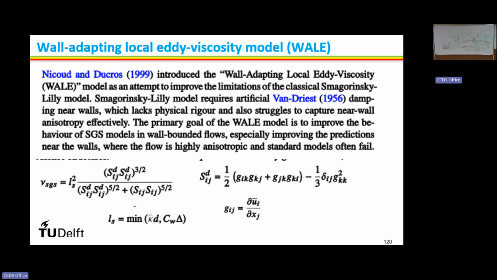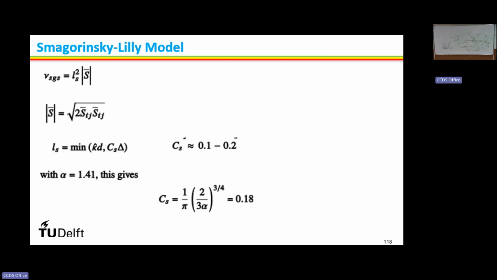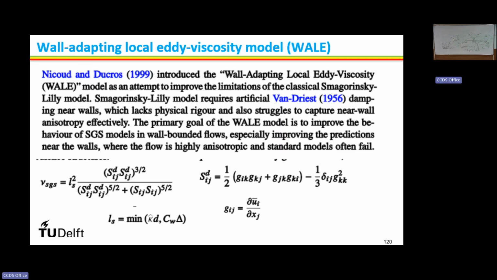So this is a physical rigor. This is the derivation of the WALE model. In the WALE model, the eddy viscosity is the same, some mixing length squared, but instead of the magnitude of the strain rate, they have the deviatoric component of the strain rate to the power 3/2 and 5/2, right?